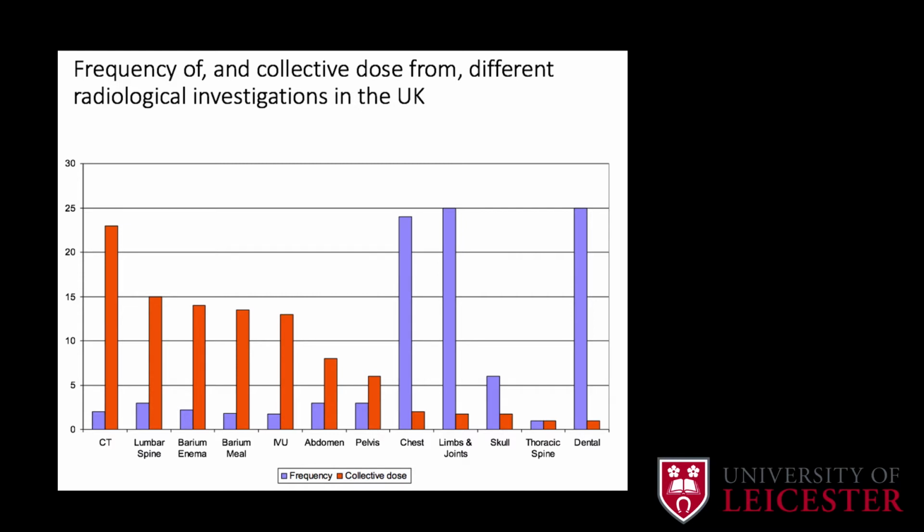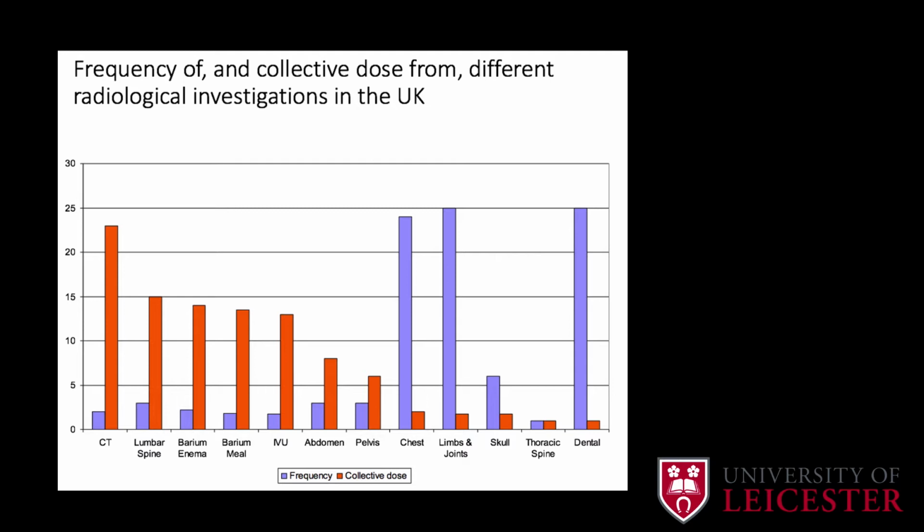This graph illustrates a selection of ionizing radiation radiological investigations, starting from CT scan on the left and ending with dental X-rays on the right.